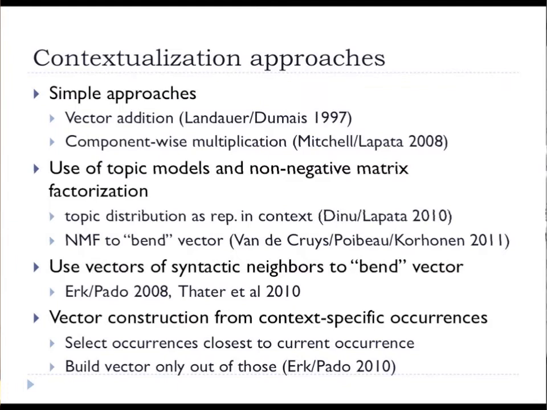You can also use vectors of syntactic neighbors. Topic models and likewise vector addition use the whole sentence as a bag of words, whereas some other approaches only look at the syntactic structure. So you have catch, flu, and if you had a larger sentence with a lot of other things, those would not be used, but only the direct syntactic neighbors of the word that you're trying to disambiguate.